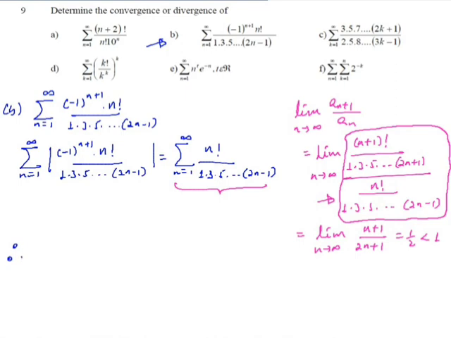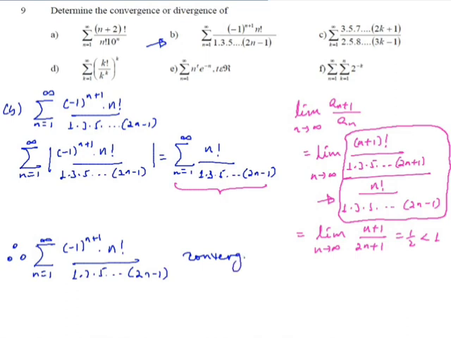Therefore this series converges absolutely. So the series n from 1 to infinity of minus 1 to the power of n plus 1 times n factorial over 1 times 3 times 5 and so on up to 2n minus 1 converges.